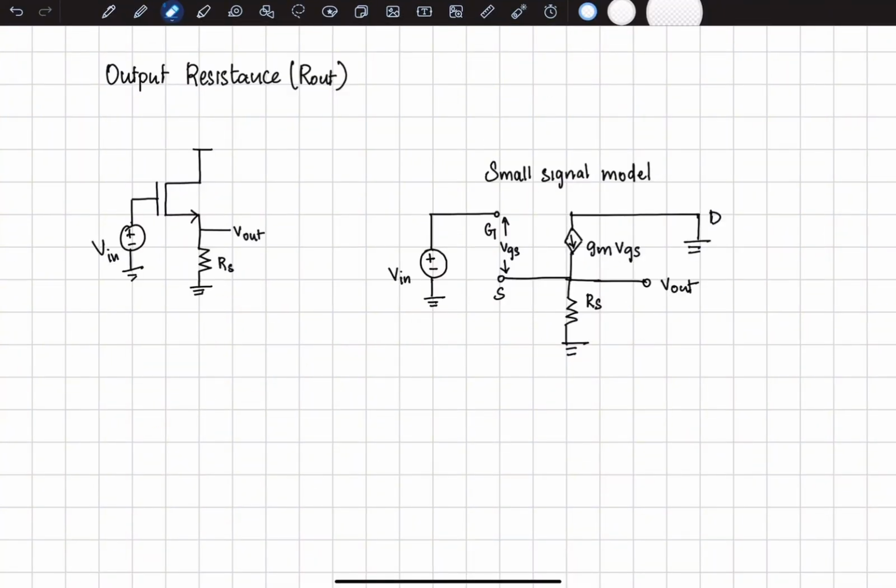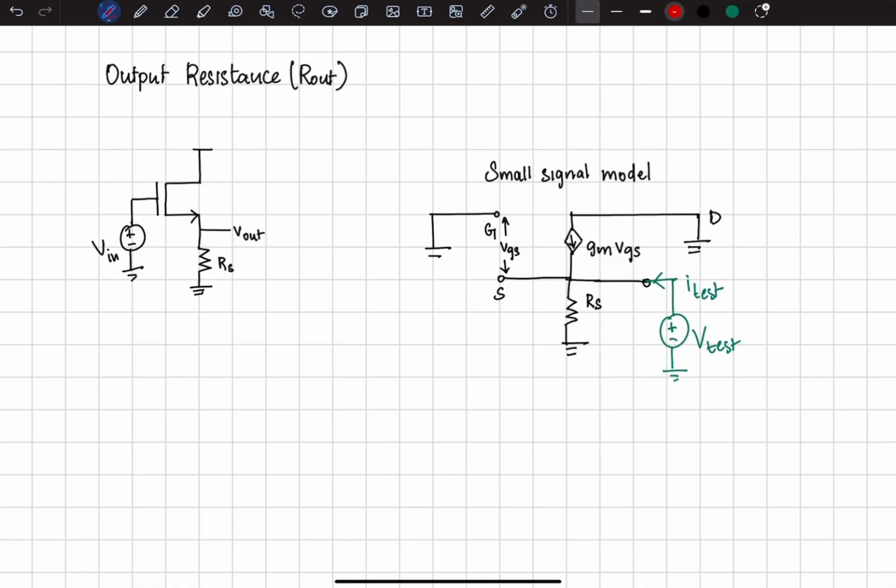Now to find the output resistance, you ground the input and you give a test voltage at the output. So you ground the input, and let me change the color. You give a test voltage, V test, which has a test current, I test.